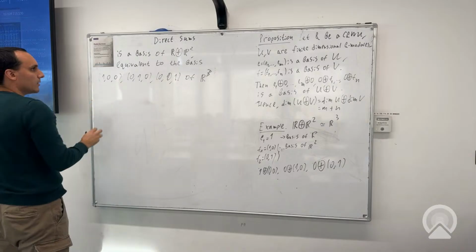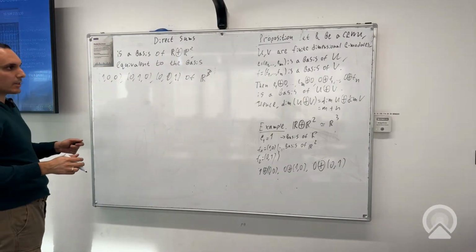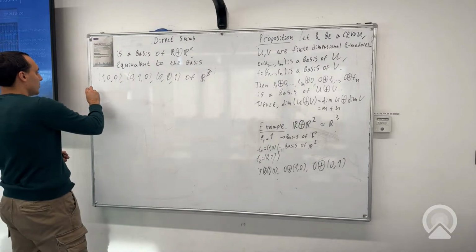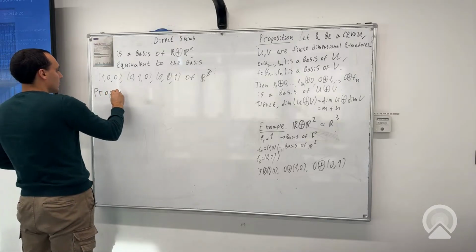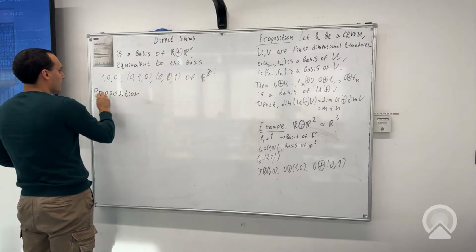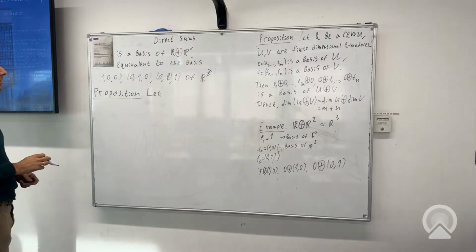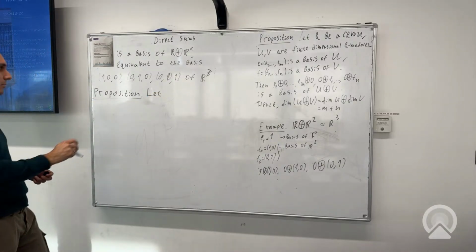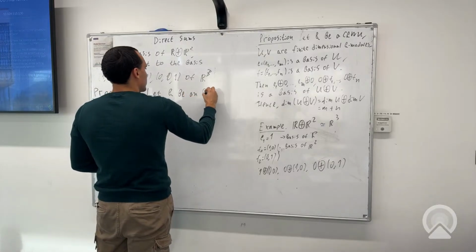And now, again, there are some identifications that we can do, so let's write them down. Let U, V, W be R-modules.